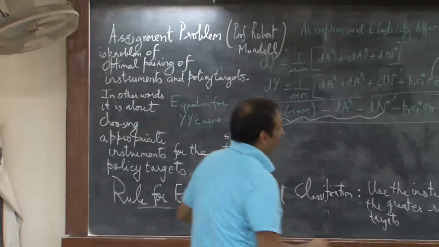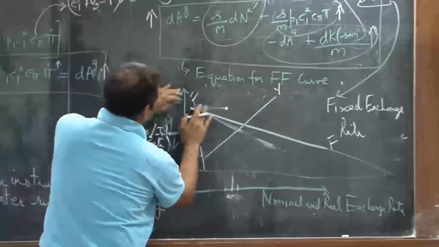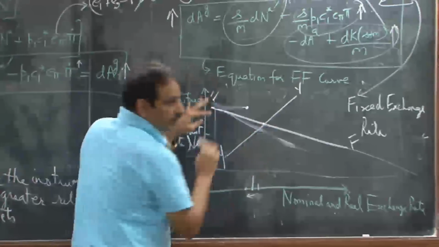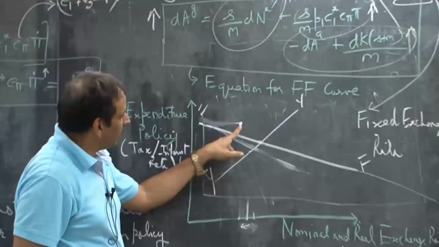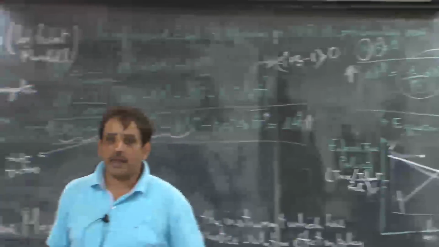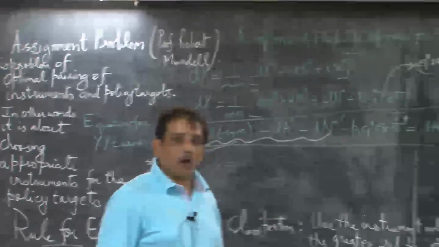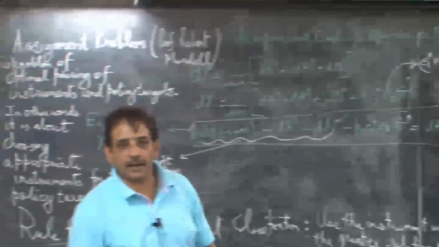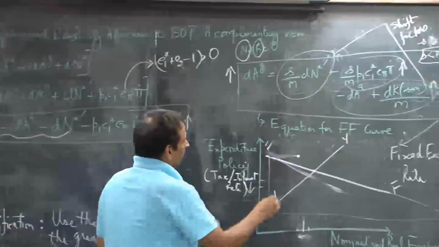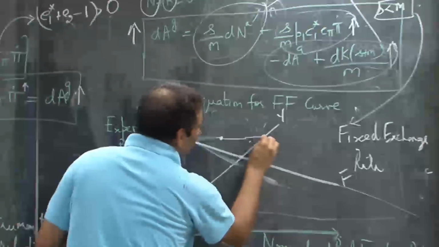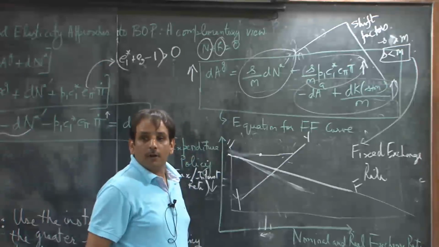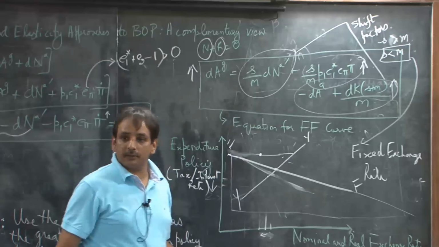You can see from here, if you have to reach this, see what happens. Now the instruments are changed, nominal and real exchange for maintaining internal balance. So then you depreciate your currency for maintaining internal balance.